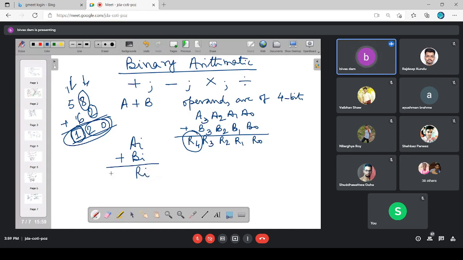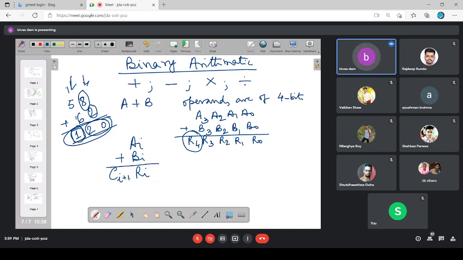And there may be a carry generated, and that carry will be active in which stage? The i plus 1 stage. As that carry is going to be active in the i plus 1 stage, nomenclature-wise it is given as Ci plus 1.